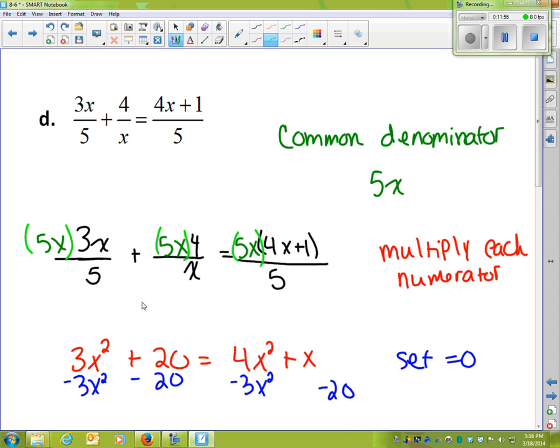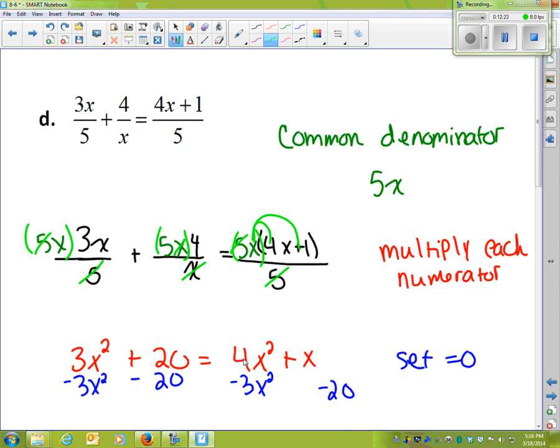I reduced everything that I could, so the 5 and 5 canceled, leaving me with 3x squared. The x's canceled, leaving me with 4 times 5, which is 20. And the 5's canceled. When I distributed the x, there's the 4x squared times x, or plus x.